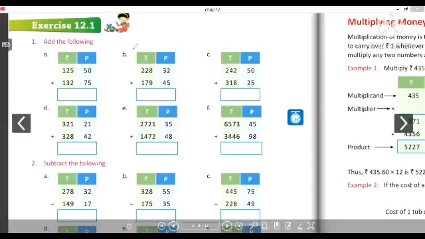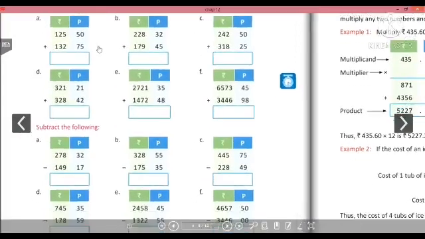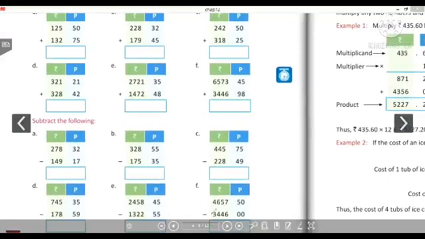Okay, so let's start adding them. 0 plus 5 will be equal to 5, and 7 plus 5 will be equal to 12. So we will write 2, carry 1. 5 and 7 is 12, and 1 is 13... so the answer is 258 rupees and 25 paise.